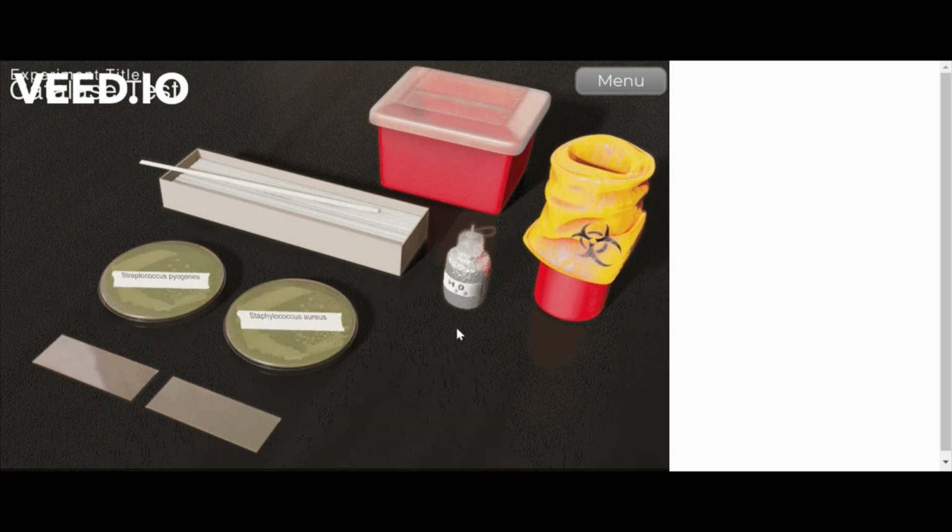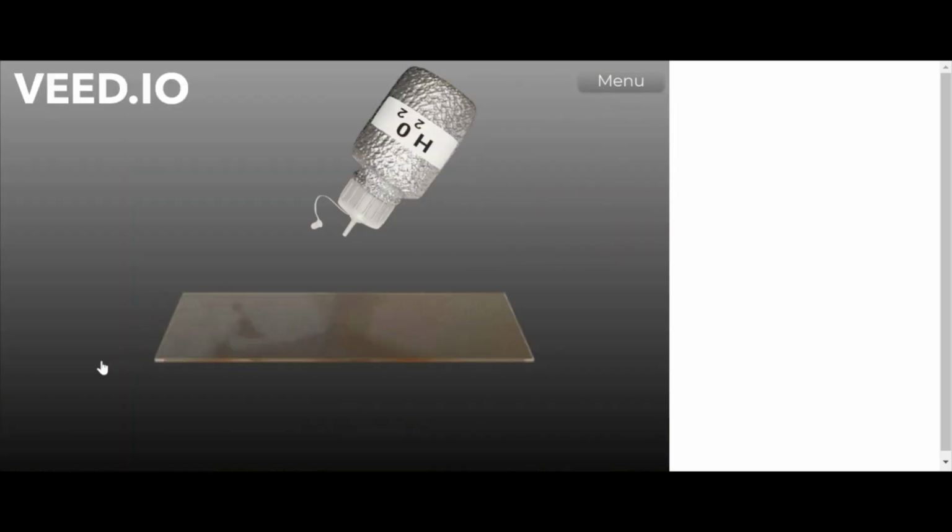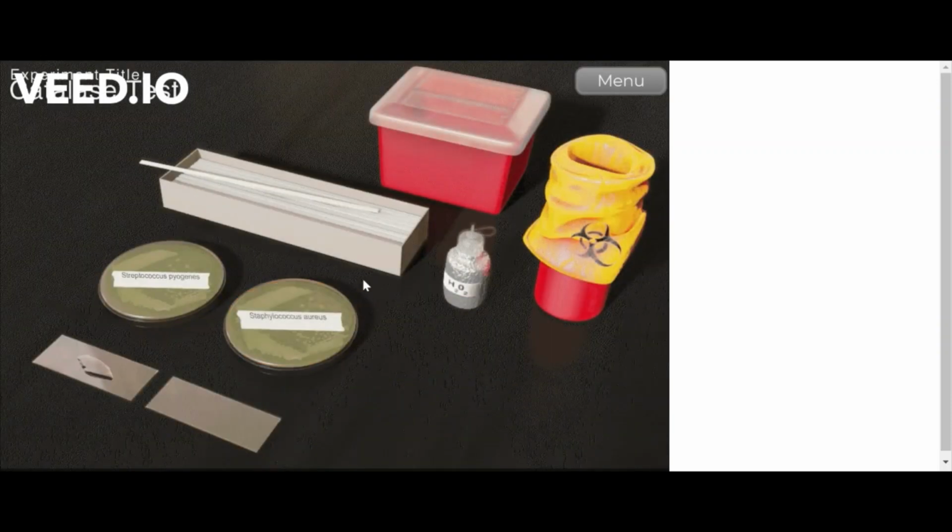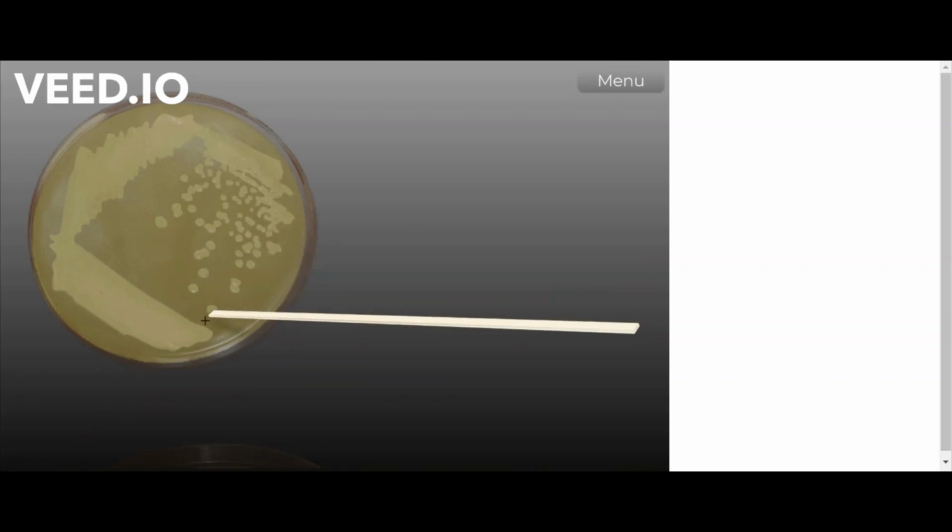So I will start off with the first step. I will first drop the H2O2 on one of the slides. Okay. Next, I will use a toothpick to pick up one isolated colony. So I will choose this.